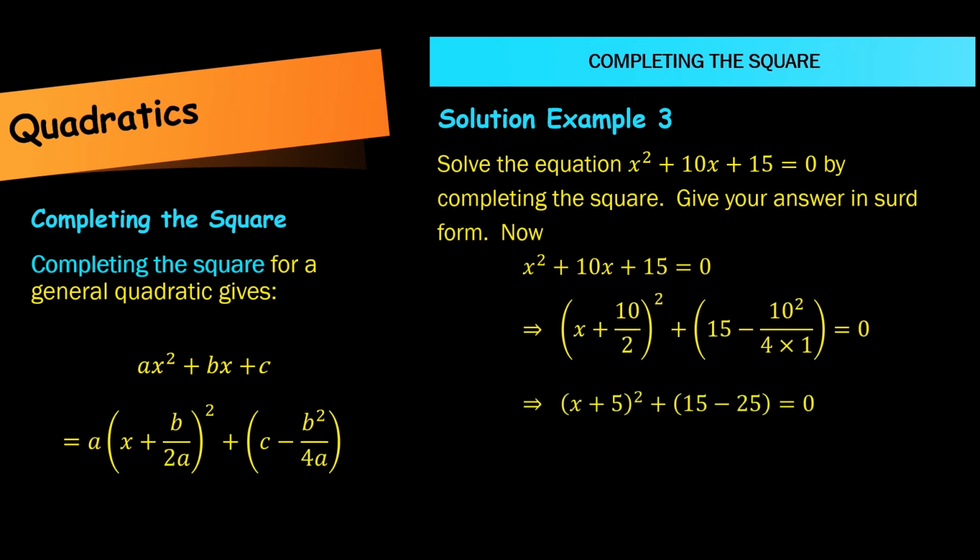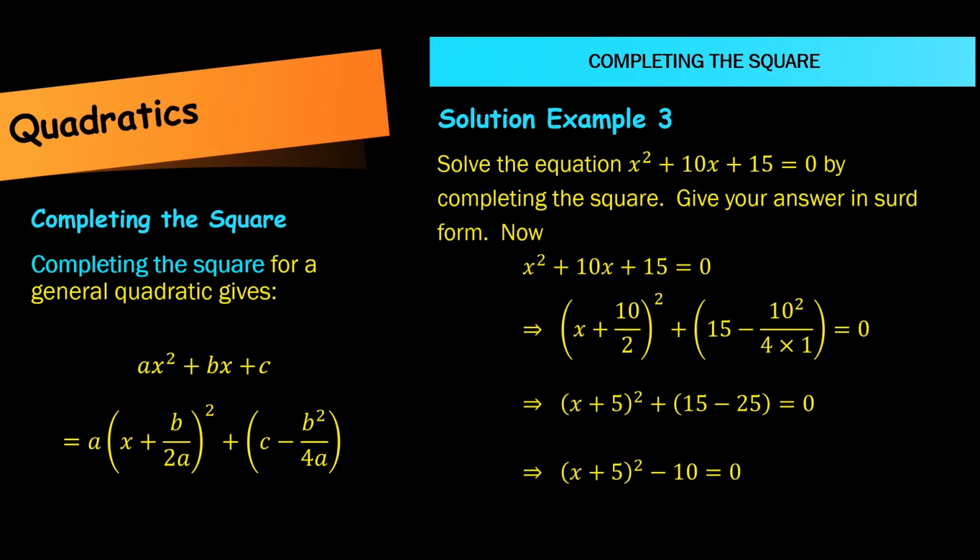Now tidying up gives us (x plus 5) all squared plus 15 minus 25. And this is equal to 0. And so we're left with (x plus 5) all squared minus 10 equals 0.